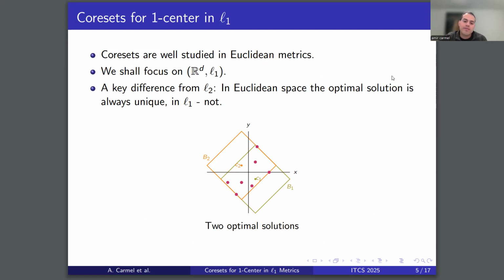In this example below, we see a set of points P that has two optimal centers, C1 and C2. We can see they have enclosing balls with the same radius that enclose the set P. So a set P in general can have many optimal solutions.